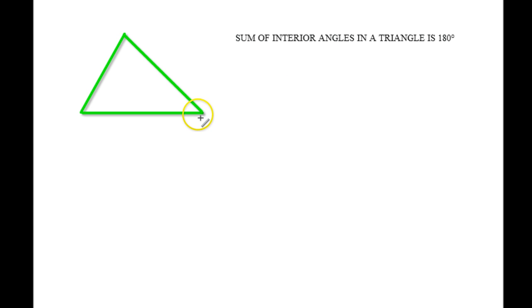Now there's another one that's just as important, and this is kind of cool. Okay, let's say this was angle A, this is angle B, and this is angle C. So in other words, angle ABC plus angle BCA plus angle CAB is going to be equal to 180 degrees, so that's the formal definition.